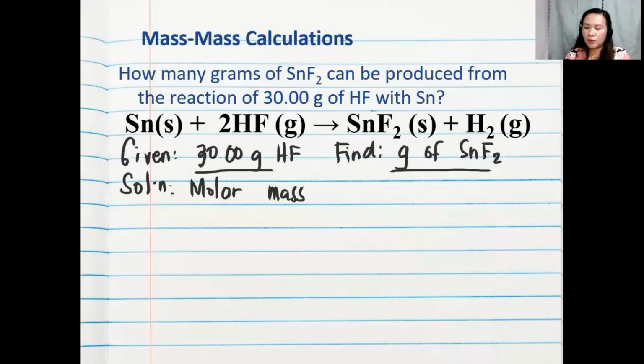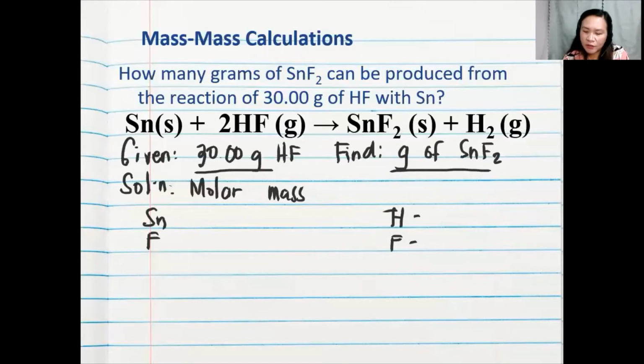So how are we going to solve for this problem? We get first for the SnF2, so that will be Sn and then F. Then we have also the H and F. Okay, so let's solve first for their molar masses.